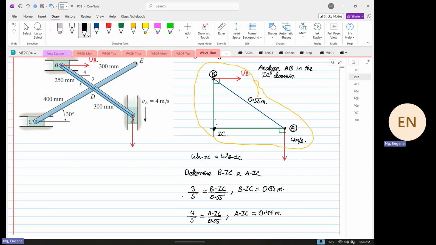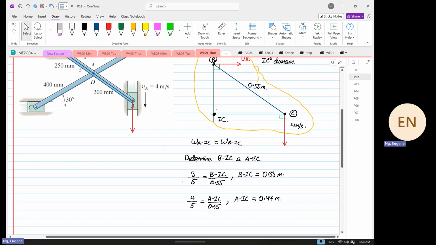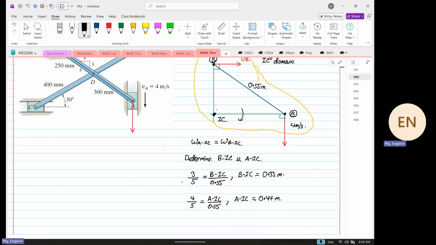And then from here we can now determine what is our omega AIC. And knowing that, we can also find out what is our omega BIC.